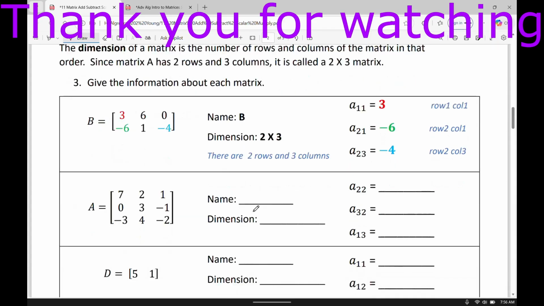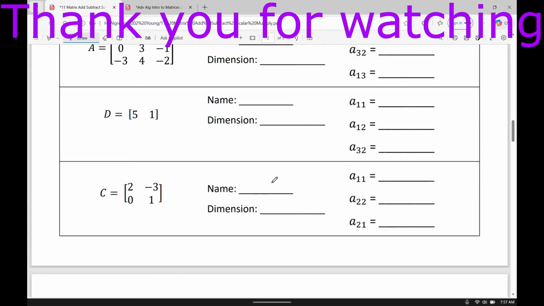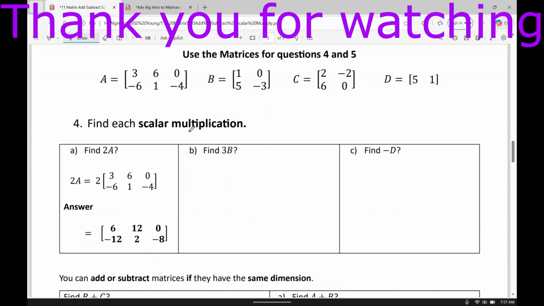Now, for multiplication, there are two different types of multiplication in matrices. In the next video, we will learn how to do the dot product of multiplication. But for today, we're going to stick with the scalar. Scalar means you multiply with a number.